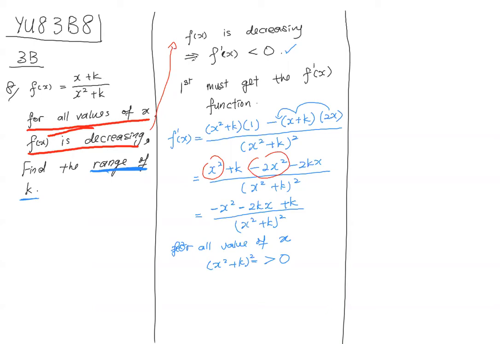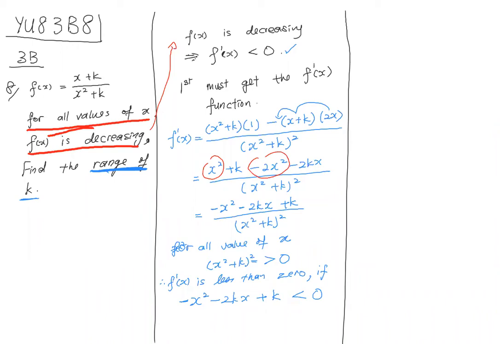So therefore, f prime x is less than 0 if negative x squared minus 2kx plus k is less than 0. Agree? Hello? Class, are you okay? Okay or not so far? Okay, good.